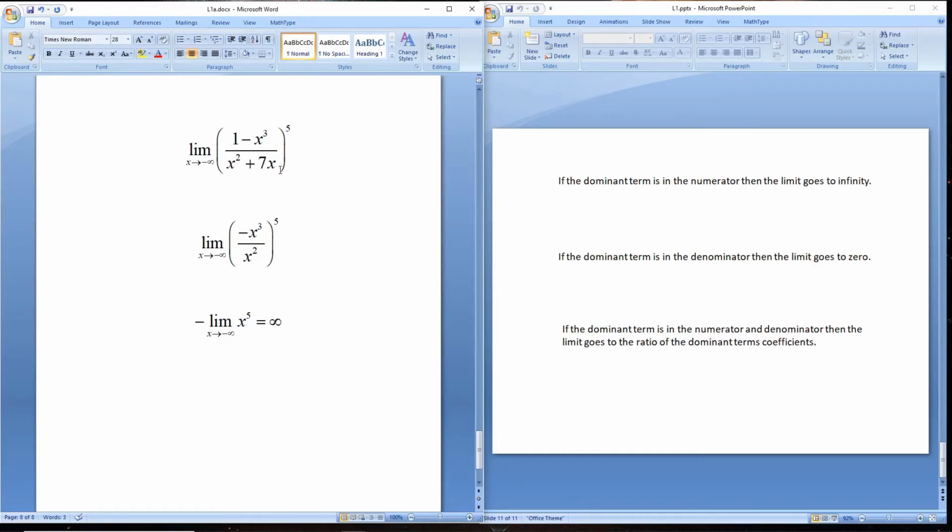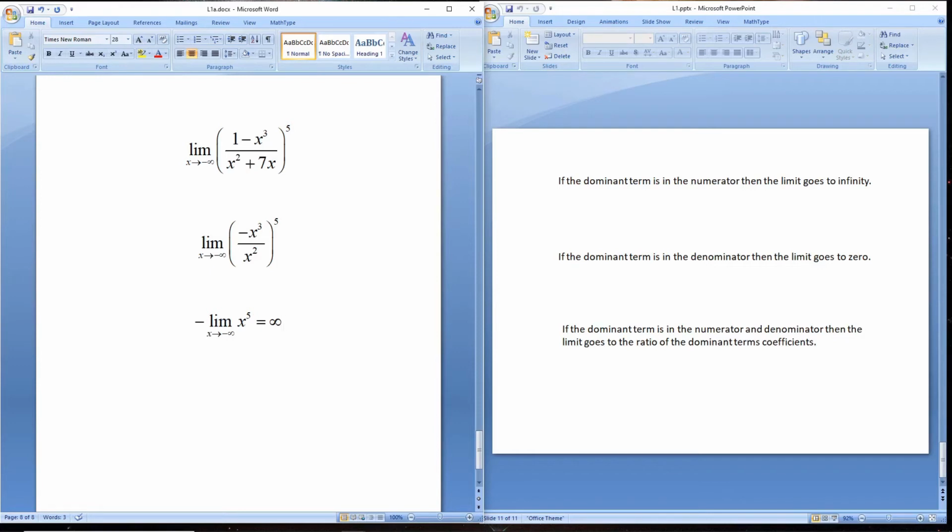Because the dominant term in the numerator is technically x to the 15th. And in the denominator, the dominant term here is x to the 10th. And that will matter, and I will show you an example.